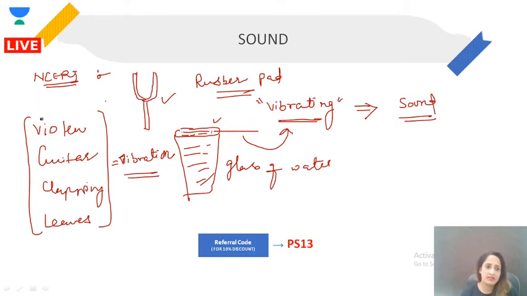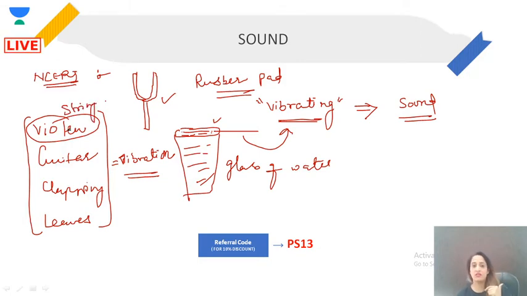or let's go one step back. Let's say we have this string on the violin, right? We hit the string with our hand, we try to move it with our finger, and we can hear a sound, right? But now let's tighten that string too much, or hold that string so that it cannot vibrate.